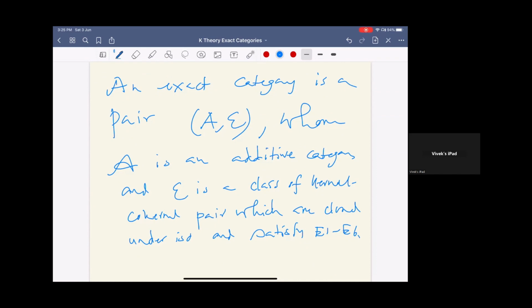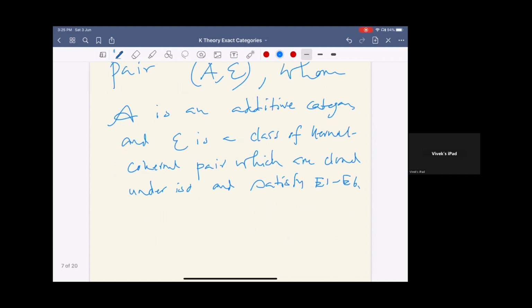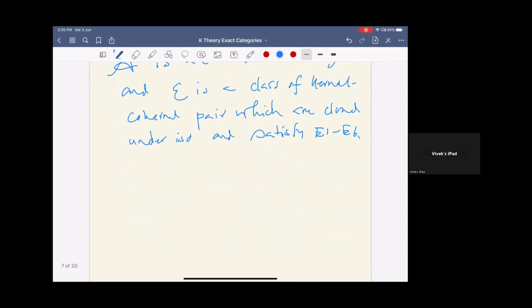Note that an additive category may have different exact structures. It's not that there is a unique exact structure. An element of epsilon is called a short exact sequence.